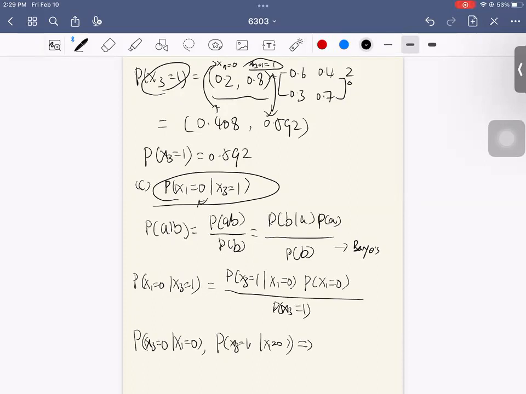So here, we know the probability is 0.6 and 0.4, which represents x2 is 0 under the condition of x1 is 0, and x2 equals 1 under the condition of x1 is 0.